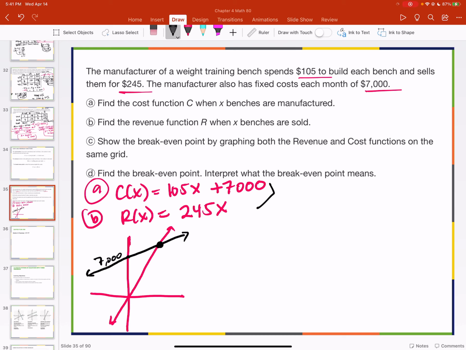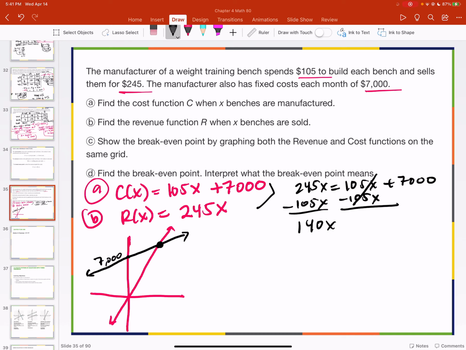So we're going to set these two equal to each other: 245X equals 105X plus 7,000. Subtract 105X from both sides, and then we get 140X is equal to 7,000. So divide by 140.